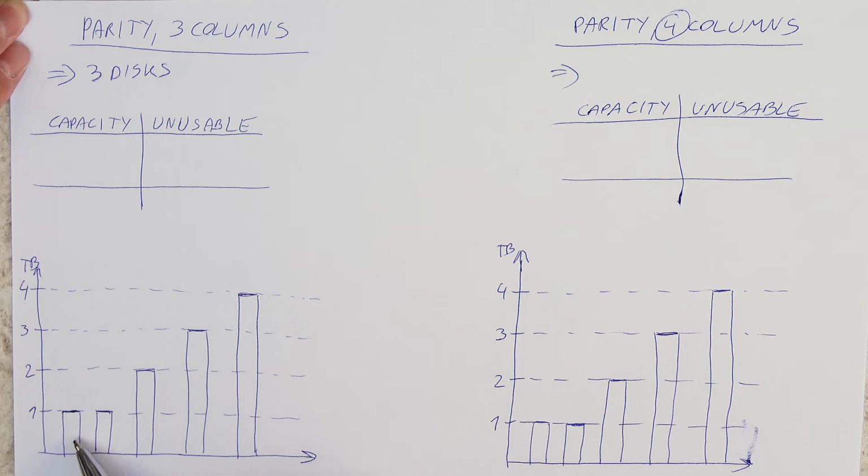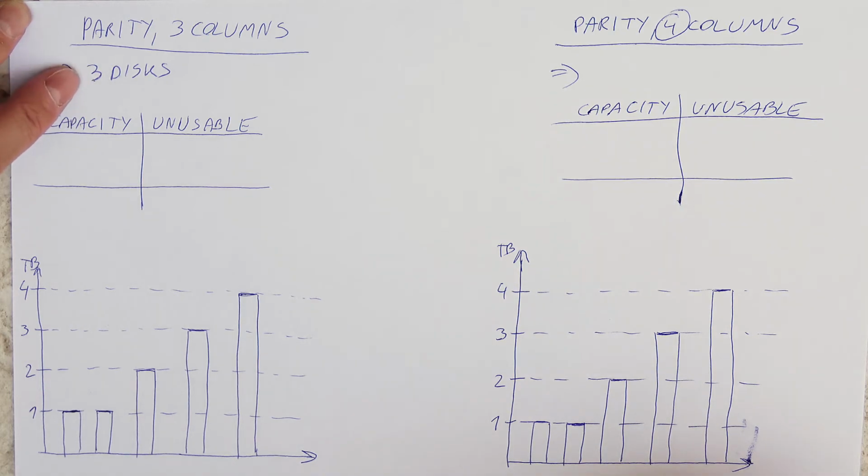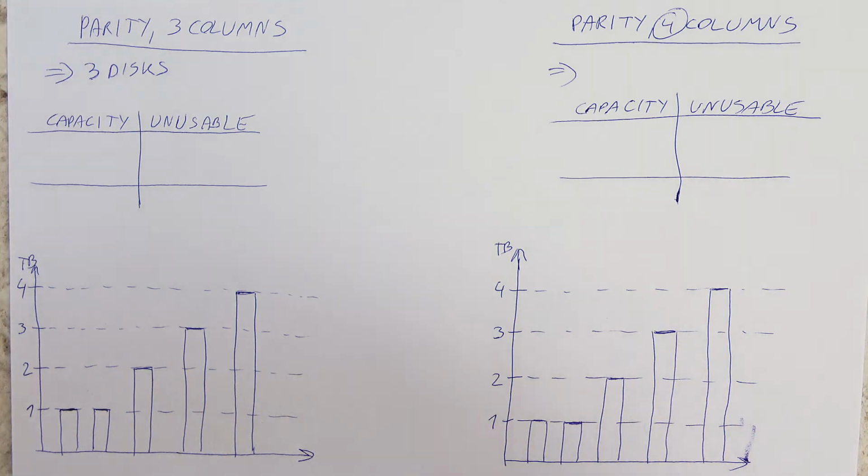One disk of 1 terabyte, 1 terabyte, 2 terabytes, 3 terabytes, and 4 terabytes. 5 disks of different sizes except the first 2, which are 1 terabyte each. And because we are allocating, or writing, 3 disks at once, we need to do a calculation of capacity.